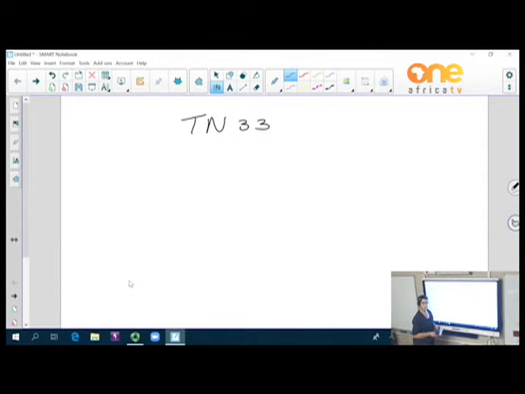Try now 33. So we are still busy with fractions, but now we are also factorizing to do the fractions. So it's again revision of factorization. So we start with try now 33. And the first sum there says 1 over x plus 1 plus 2 over x squared minus 1.